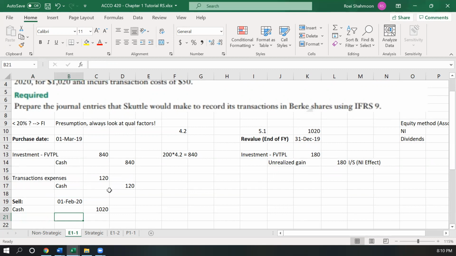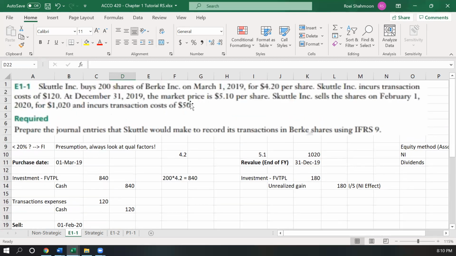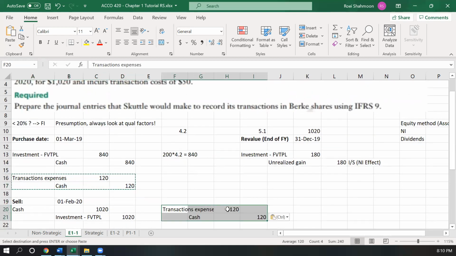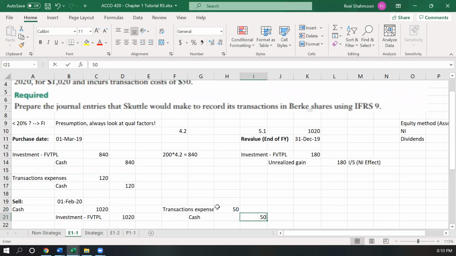And what do you credit? What are you getting rid of? You're getting rid of the asset. This is my asset that I just had, Investment FVTPL. So I will credit that for 1020. That's really all the entry. And again, we have those transaction expenses of $50. I'll put that over here. 50, 50. That's it, guys. That's the whole question.